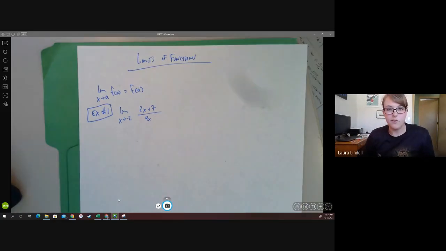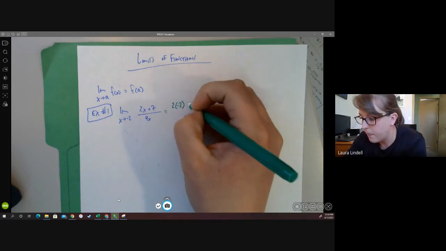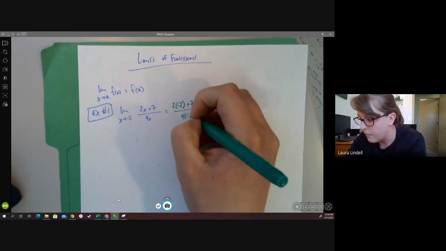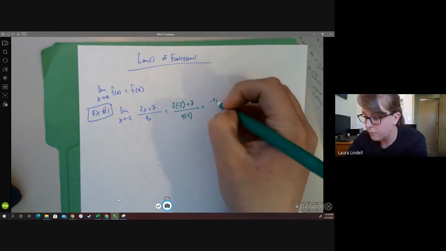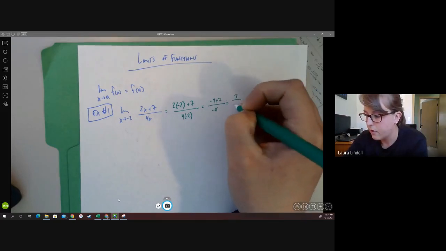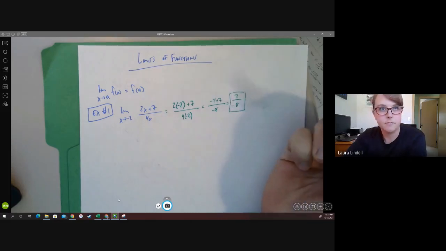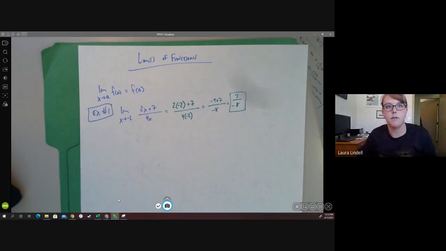Whenever we're asked to do something like this, all we have to do is take -2 and plug it in for x. So we get 2 times -2 plus 7 over 4 times -2. That's -4 plus 7 over -8, which is 3 over -8, or -3/8. Hopefully these will be fairly simple, at least to start with.